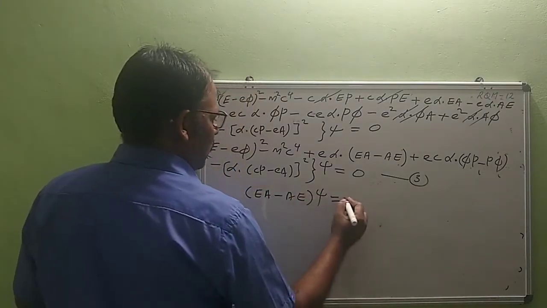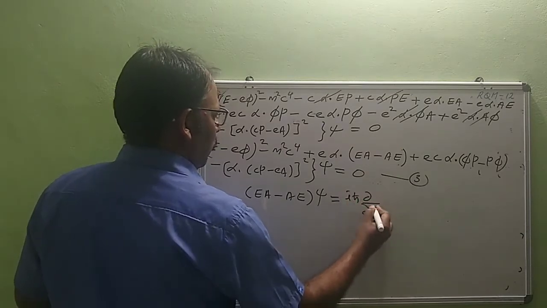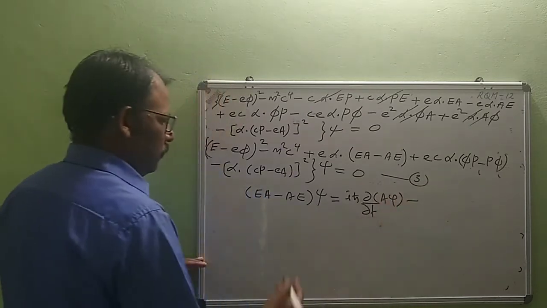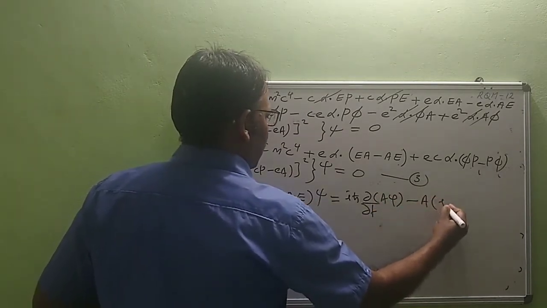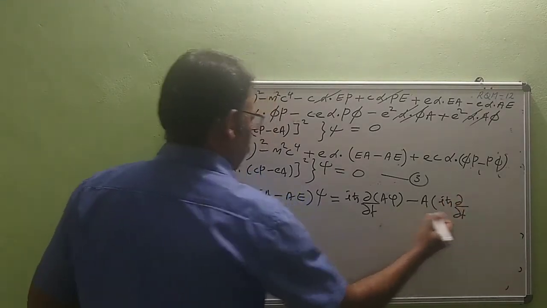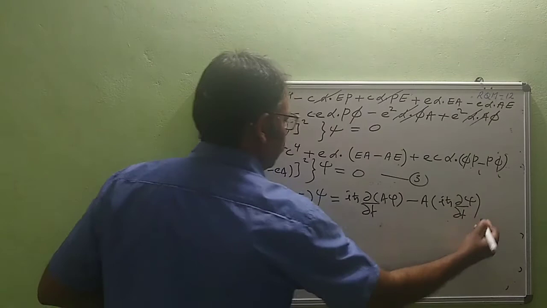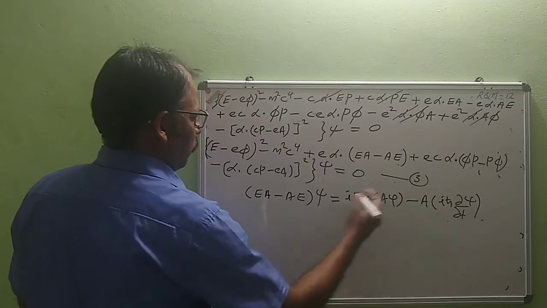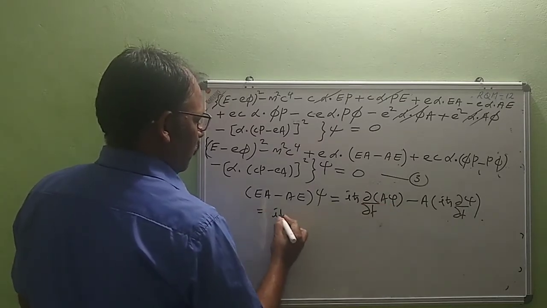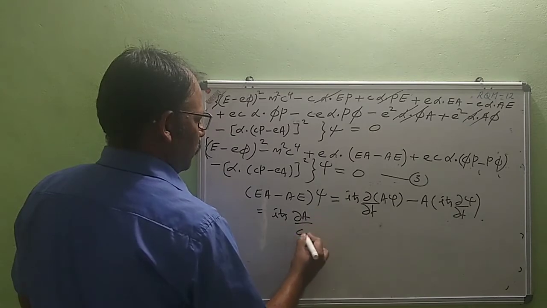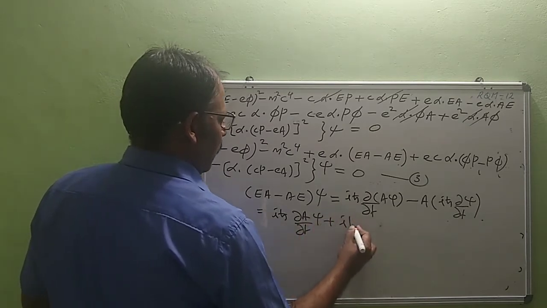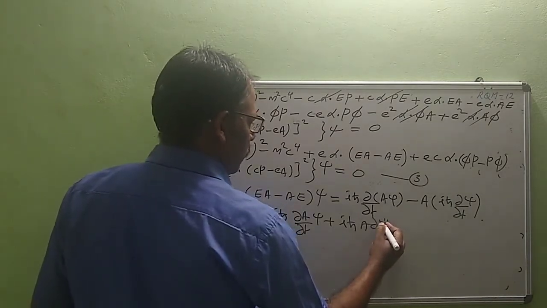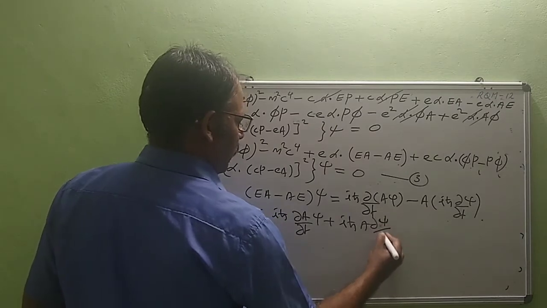So this will be EA minus AE, where E is IH bar dou by dou t, A psi, minus A IH bar dou by dou t operating on psi. So IH bar dou by dou t of A psi will be IH bar dou A by dou t into psi plus IH bar A into dou psi by dou t.